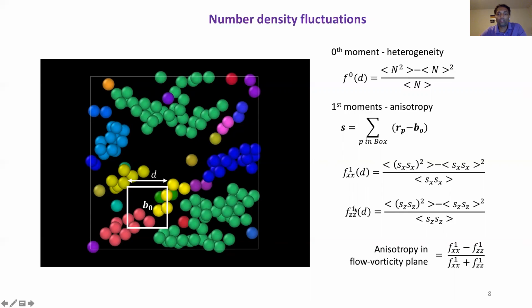Using those fluctuations, we define an anisotropy factor in the flow-vorticity plane, defined as F_xx minus F_zz divided by their sum. When this factor is 0, there is no anisotropy in the xx and zz plane, whereas if it is non-zero, there is a finite anisotropy.